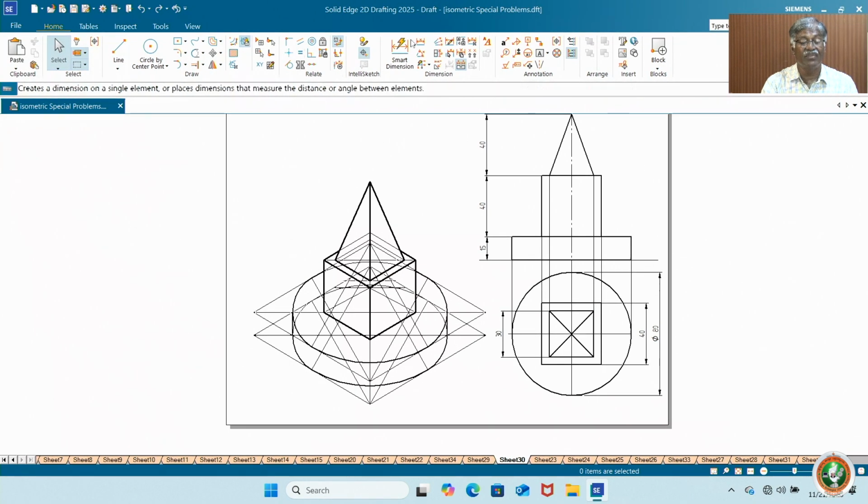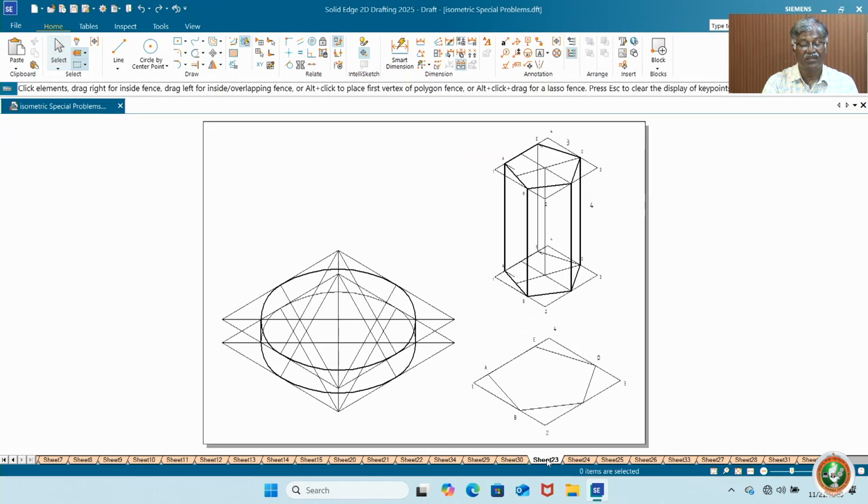So dimension the minimum things, like the thickness between this point and this point and this point, and also from this center to this. Okay, you dimension whatever is given. So this is the first solid I have taken. The second one is the circular block with a pentagonal prism. You know how to prepare this.